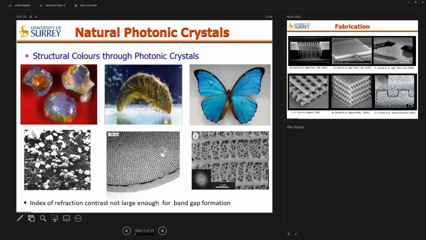Well, we obtain a very similar effect in biological materials like the needles of this sea mouse, which when observed under a microscope display an almost perfectly periodic dielectric structure.